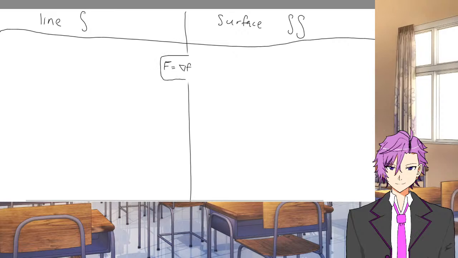So if you remember from the last stream, if a vector field is conservative, then if you take the gradient vector field fx, fy, or if you have three variables, fx, fy, fz, and you get something similar to the vector field, then that means it is conservative, independent of path.